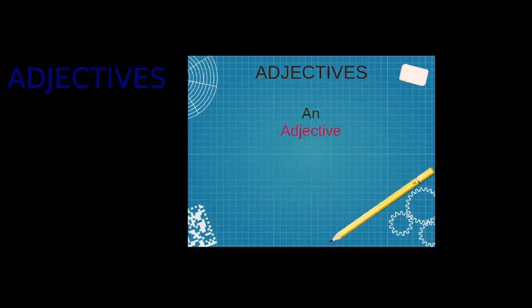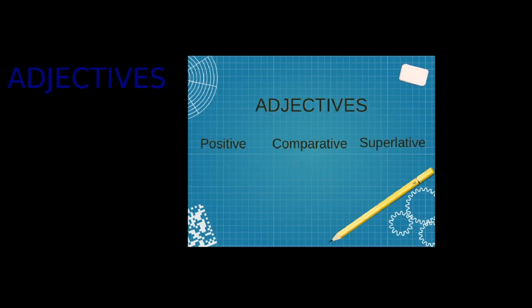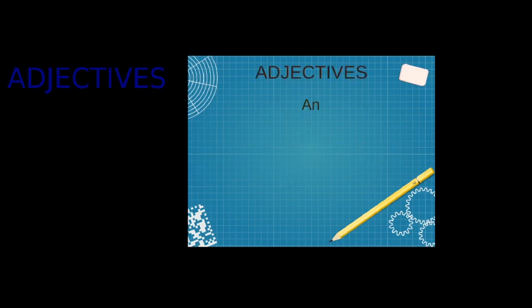And an adjective ending with e is made into its superlative by adding st to the positive. So let's have a look at some examples. Safe, safer, safest. Nice. So what will be its comparative? Nicer, and the superlative is nicest.